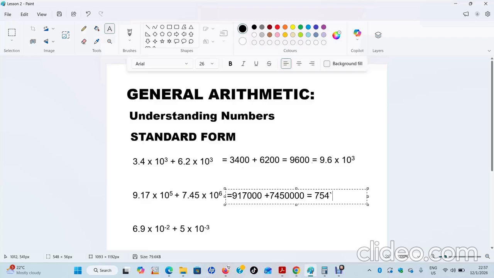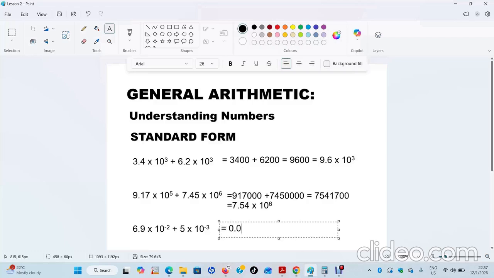Then you get your answer as 7,541,700. Then you express it in standard form. As to how you do the addition, whether you use the calculator or you use tables, then it's up to you. I think you know which syllabus you are using.